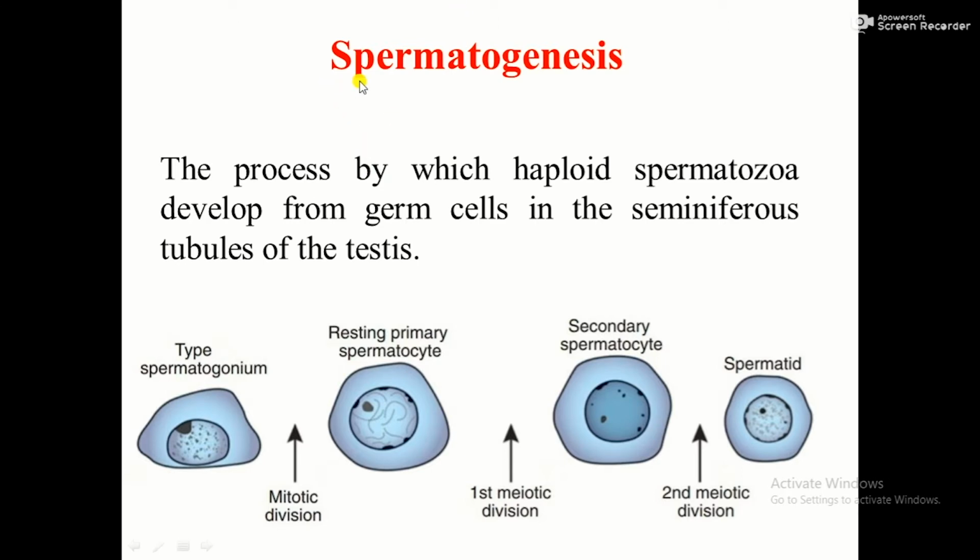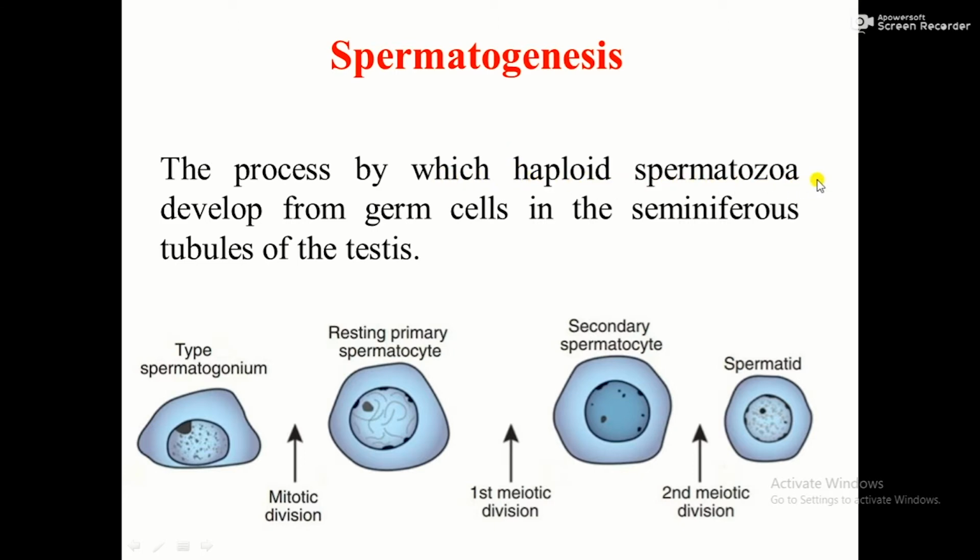So first of all you have spermatogenesis. Spermatogenesis is a process by which haploid spermatozoa develop. Spermatozoa means sperms.